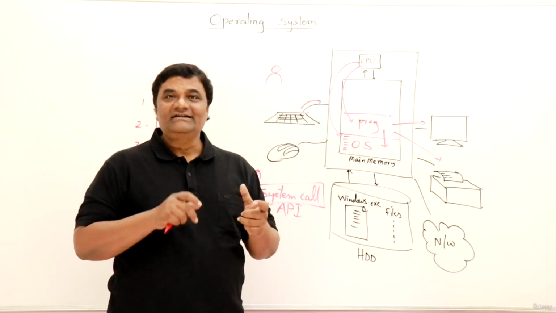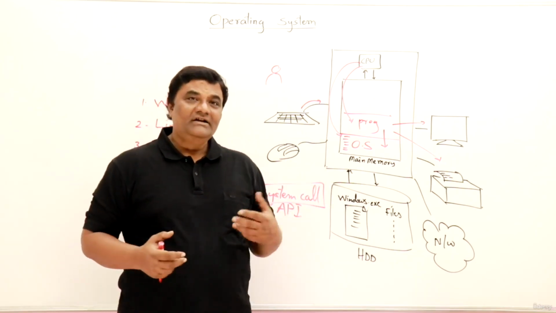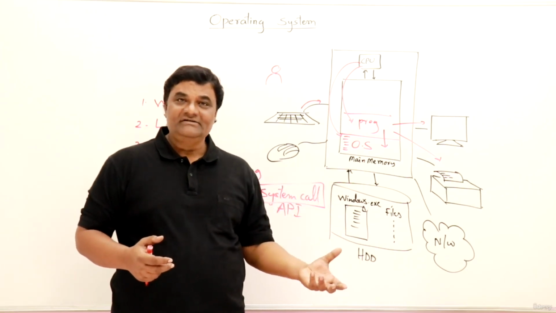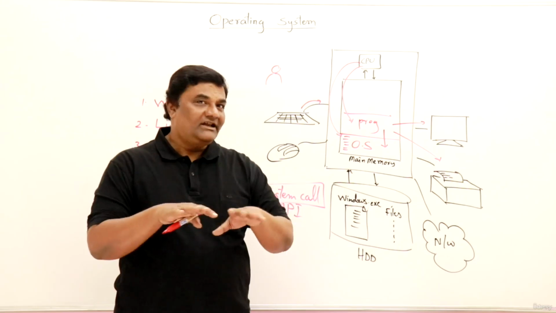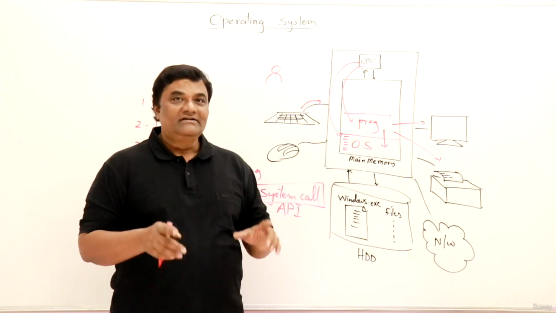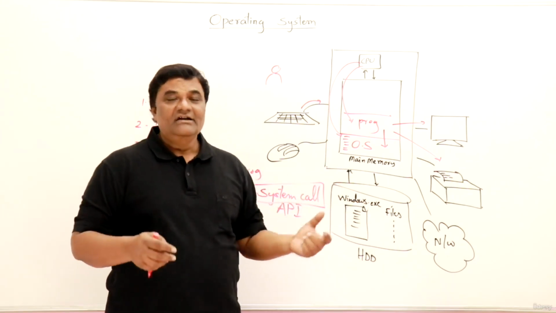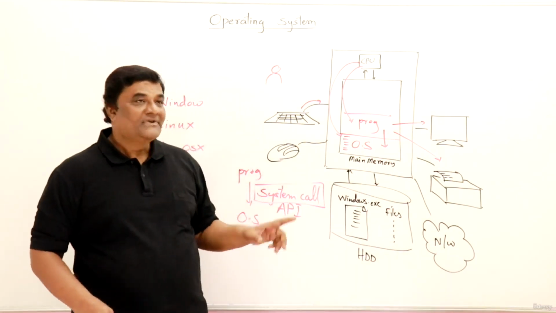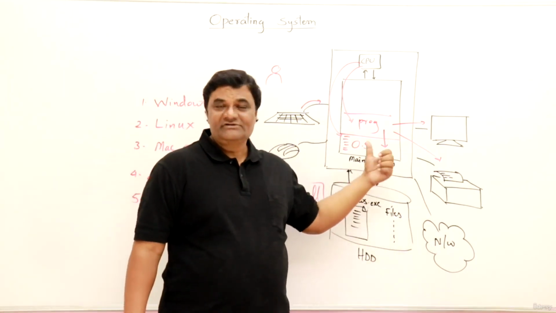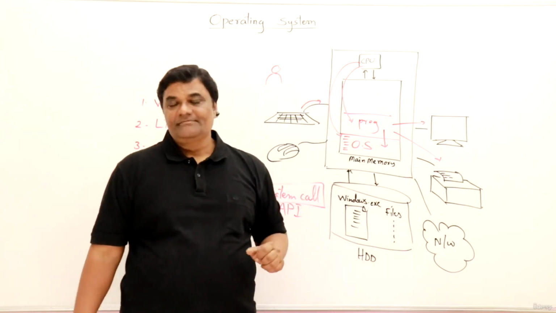A student cannot directly go and pick up a book and take it home. He has to request the librarian, and when returning, give it back to the librarian. So the librarian manages the library, that is, the resources. Same way, the operating system manages all the resources of your computer system, and programs use these resources with the help of the operating system.